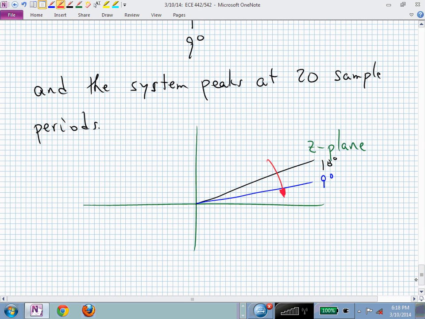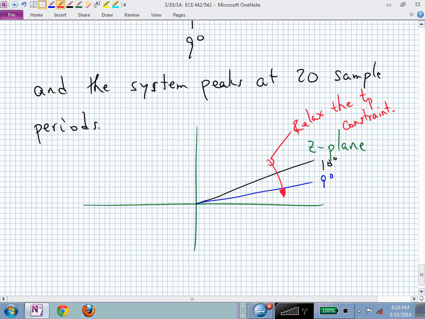It now takes me 20 seconds to get there, so it's relaxing that peak time constraint. So this red line, meaning if my angle gets smaller in the z-plane, corresponds to a relaxing of the time to peak constraint.